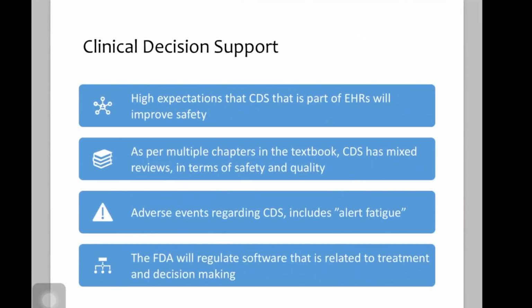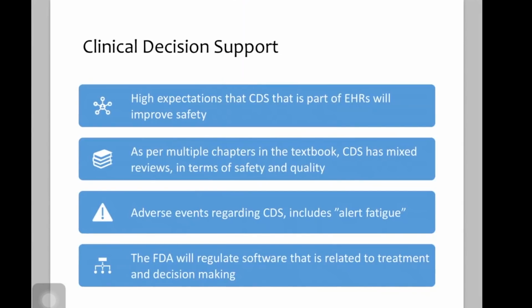Similar to the clinical decision support system, which is often now integrated with the EHR system, the management expects that with its use it could reduce 100% of medical errors. As we see in examples, with the clinical decision support system we can easily get different alerts.